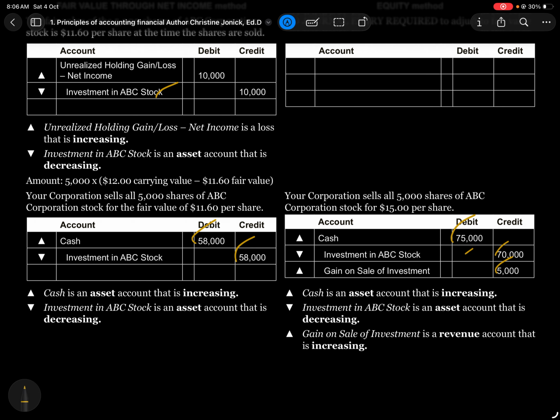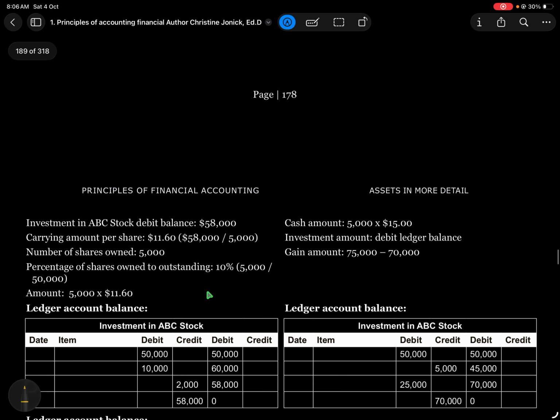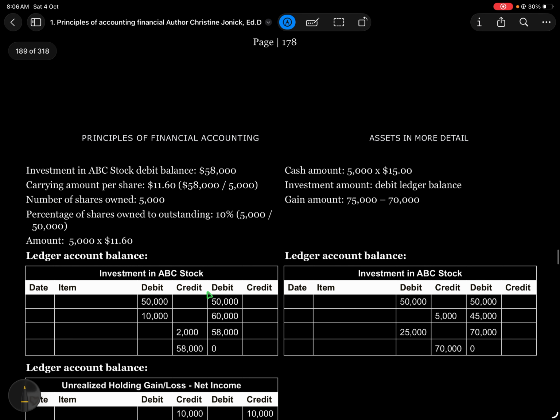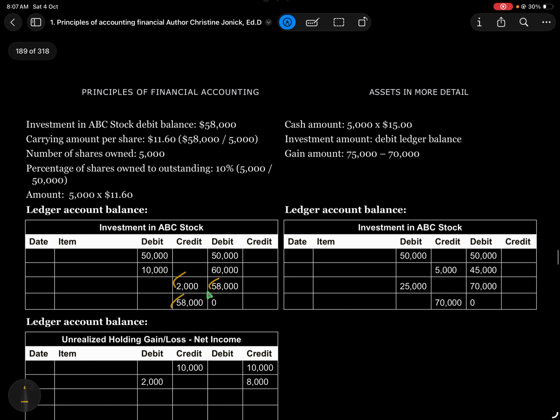We will also need to account for the gains and losses. Since there was a loss of 2,000, we have a book value of 58,000, and when we receive 58,000, we simply book it.